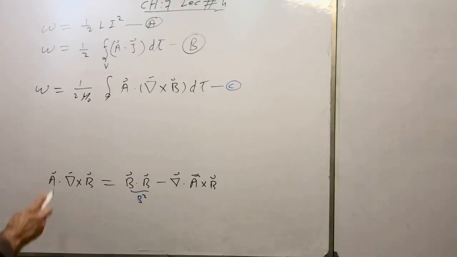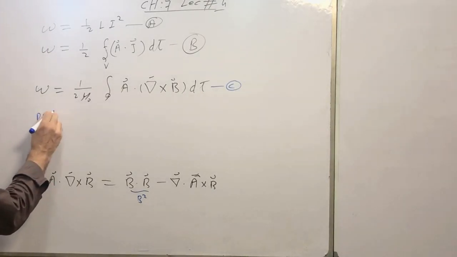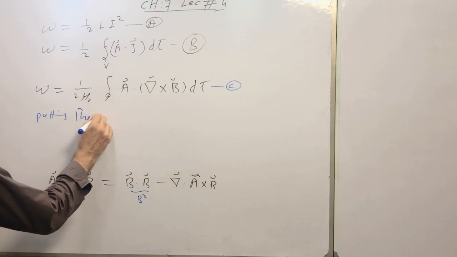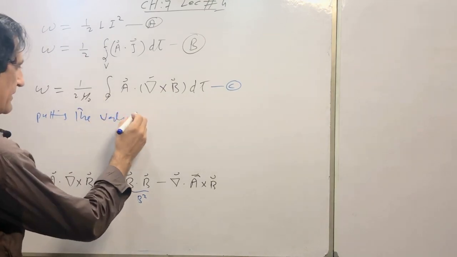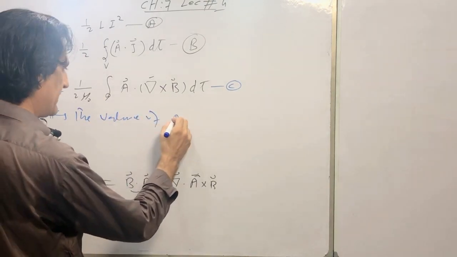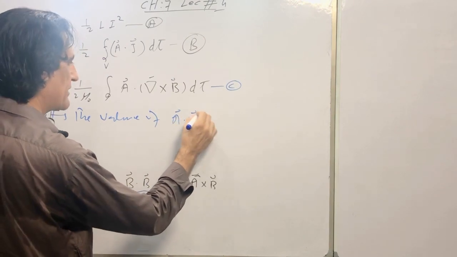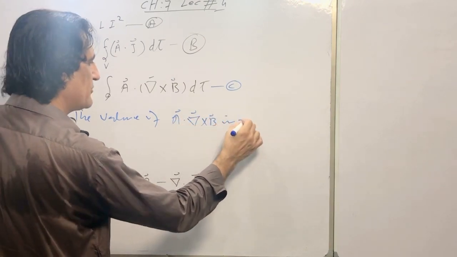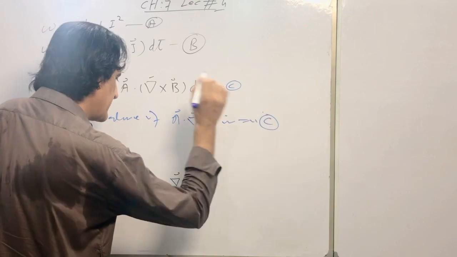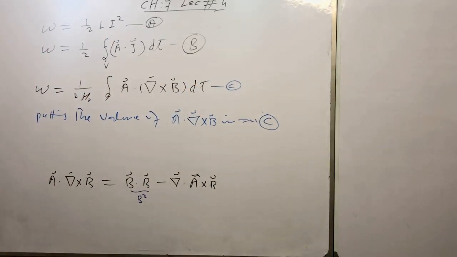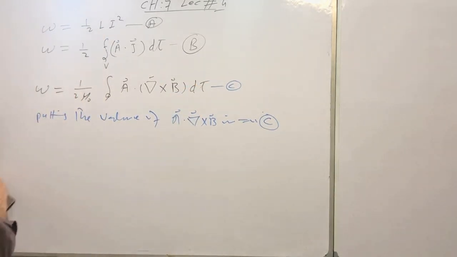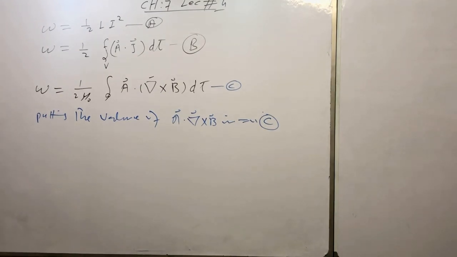Putting the value of A dot del cross B in equation C, what can we get?